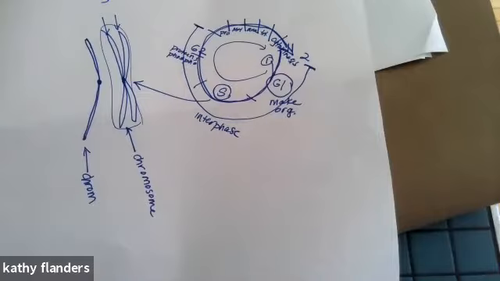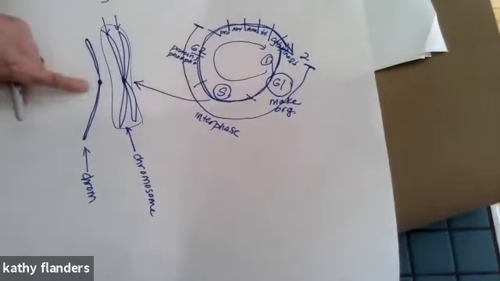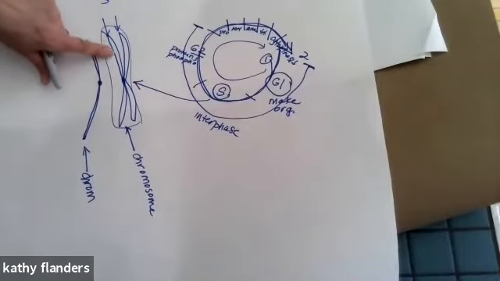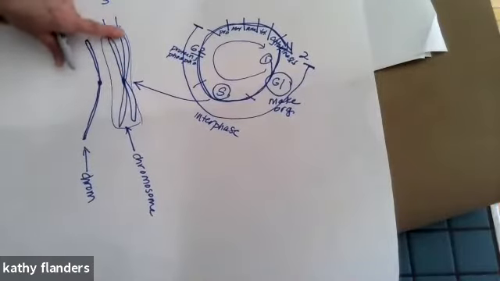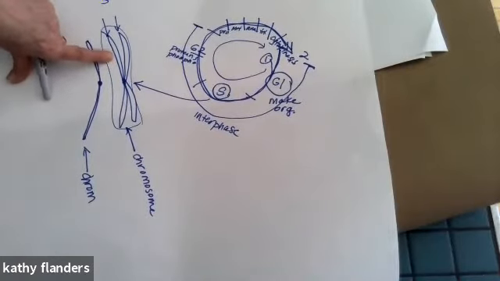And you know now that G1 is where the organelles are going to be made. S phase is where we're going to replicate our DNA. So we're going to go from this being our chromosome to our chromosome looking like this and having twice as much material. Identical material, but twice as much.